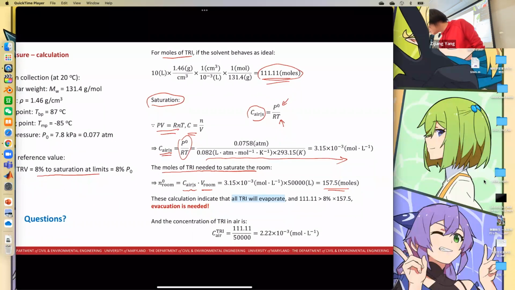Also, because this amount is larger than 8% of the amount needed to make the room saturated, evacuation is needed. Or in other words, we can calculate the concentration of TRV in the air. It equals the amount of TRV that we have, and we know that all of the TRV will get into the air. So the concentration will be this one.